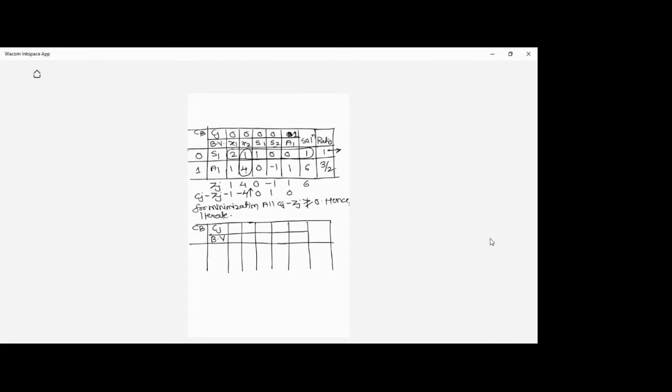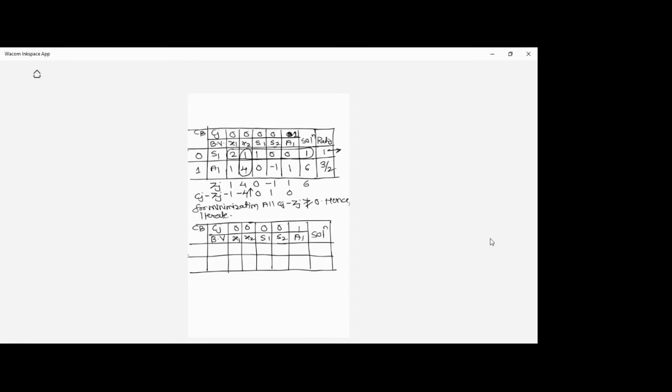Here we have x1, x2, s1, s2, and a1, 1, 0, 0, 0, 0. So here the artificial variable will remain, it is not to be deleted.